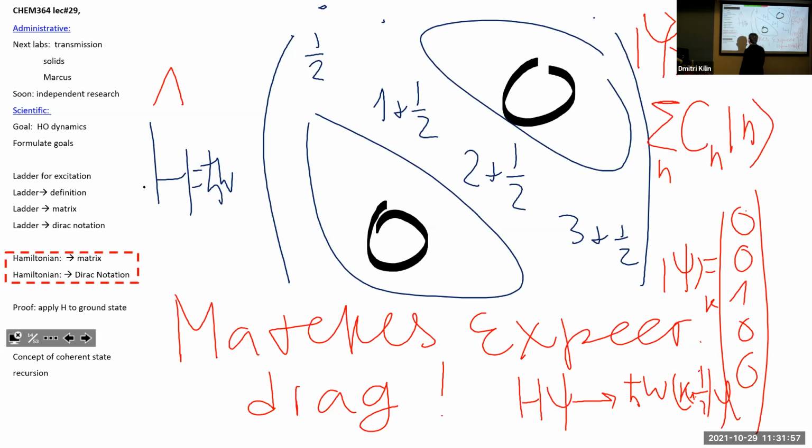So the total energy operator in matrix form will be a frequency factor, and then on the main diagonal, it will be escalating numbers: 1/2, 1 plus 1/2, 2 plus 1/2, 3 plus 1/2, which means the energy of the ground state will be 1/2 times this number. The energy of the first state will be 1 plus 1/2 times this number. The energy of the second state will be 2 plus 1/2 times this number. Make sense?